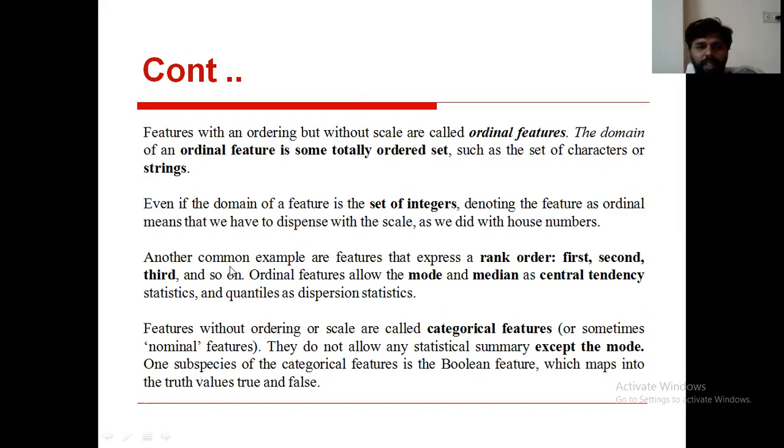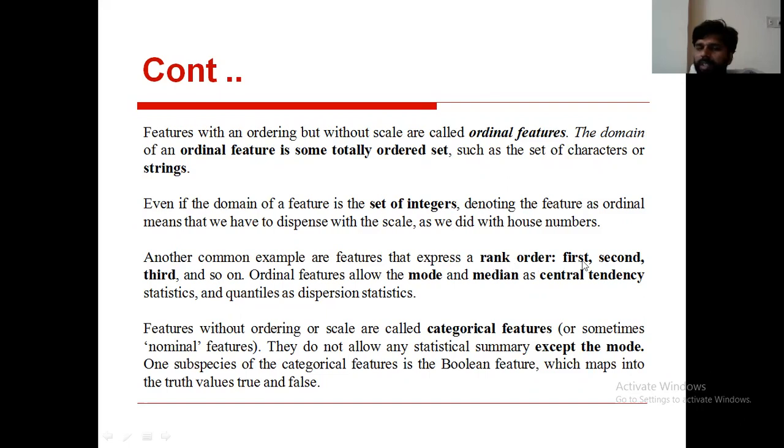Right? And coming to the next one, next type is the quantitative feature. Another example here I would like to give is a rank. Here we are maintaining rank like first rank, second rank, third rank.